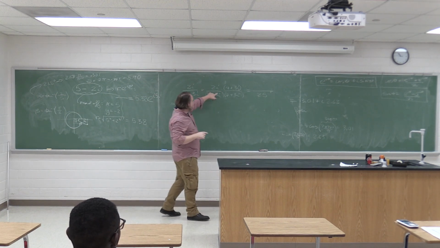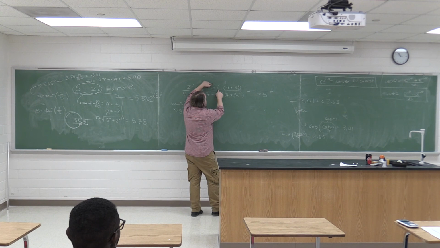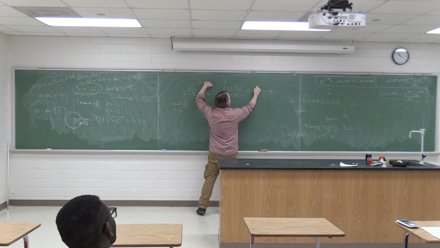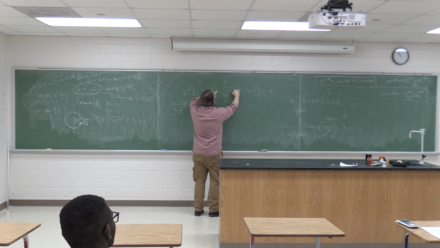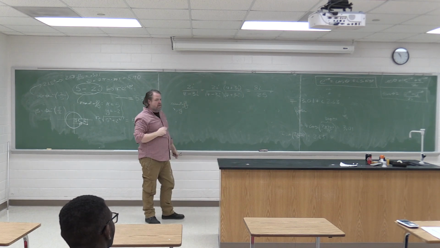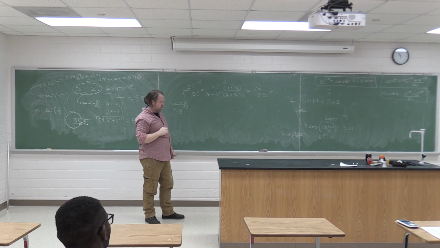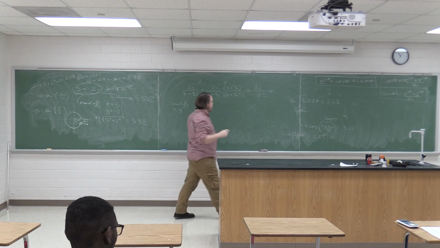Now in the numerator, 4 times 2i is what? 8i. 3i times 2i is what? 6i squared, and i squared is negative 1, so negative 6.